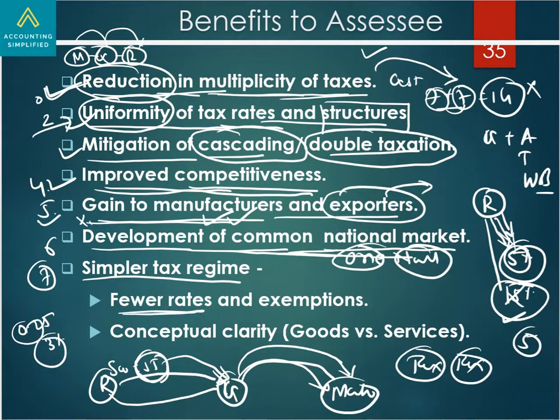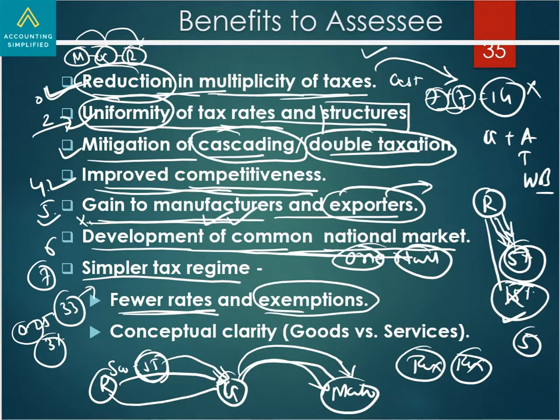So there are fewer tax rates. Compared to all other states, there may have been 33 different kinds of percentages. So fewer tax rates compared to the earlier, and exemptions are being provided.